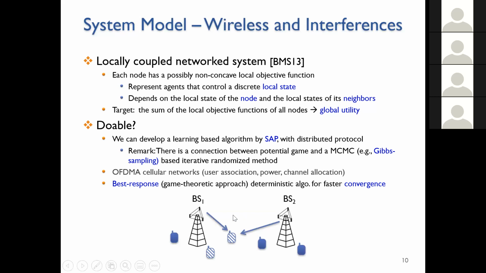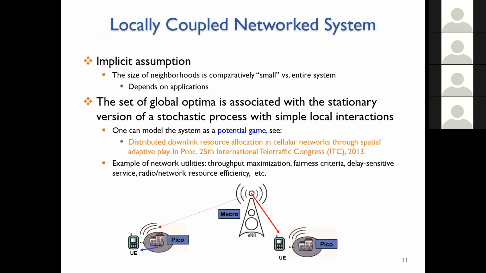Intuitively, you are making a selfish, greedy decision, and if everybody does that, it's very possible that it will become chaotic, or you end up somewhere not globally optimal, not for the whole system. It's a local optimal point.